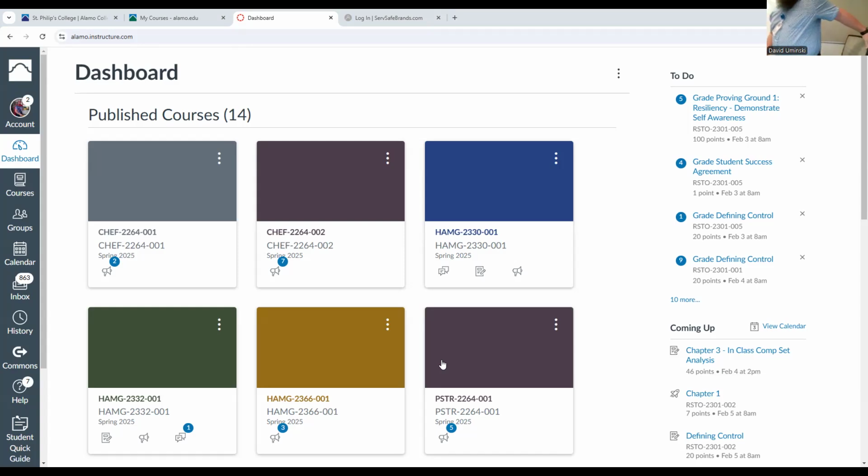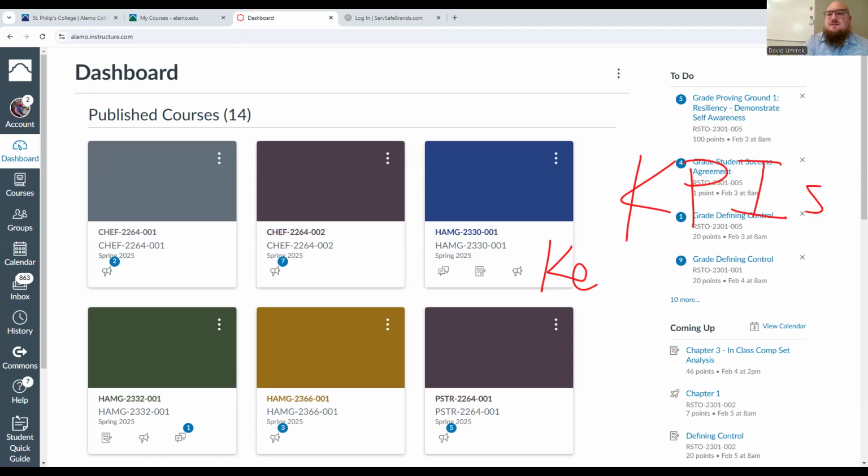Okay. So occupancy, RevPAR, ADR, those are the three major KPIs. What does KPI stand for? Key performance indicator. Key performance indicators.